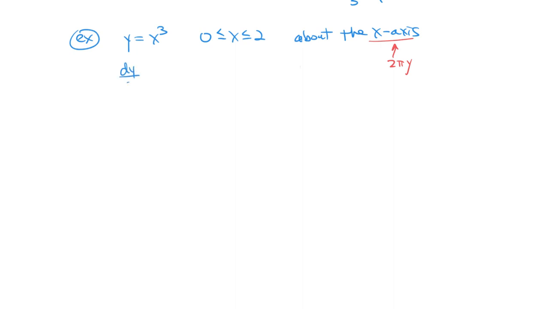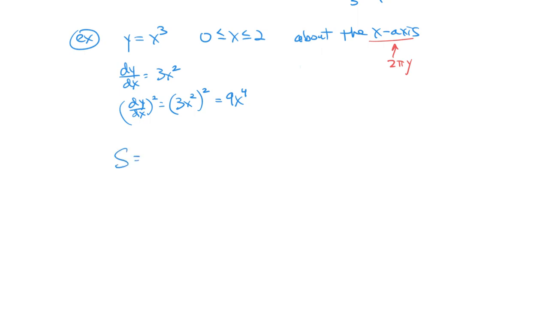So dy dx is 3x squared. So if we square dy dx, we get 3x squared, which would be 9x to the 4th, right? So we set up our formula.